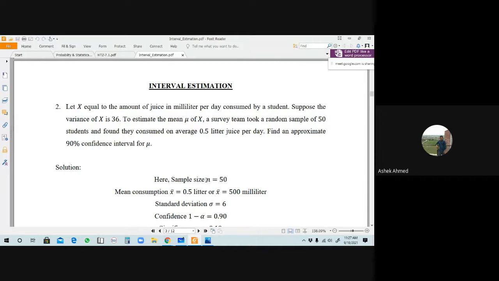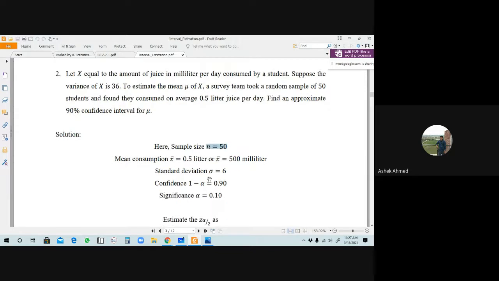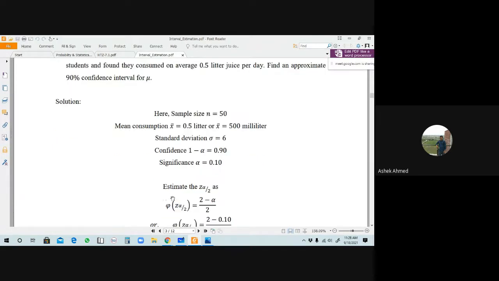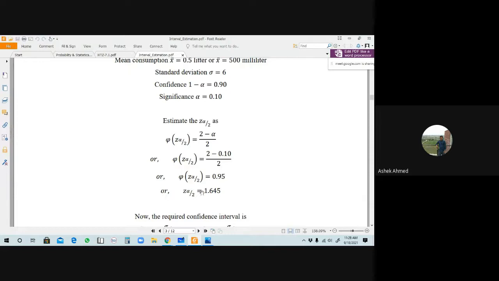Okay, the value of n is here 50. Okay, the sigma value is here 6. Confidence interval 1 minus alpha is here 0.9. Okay, the significance level alpha is 0.1. It has been said here 90% confidence interval. So from here we can find the value of the significance level. Okay, after determining this, by using this formula you can determine the value of alpha by 2.